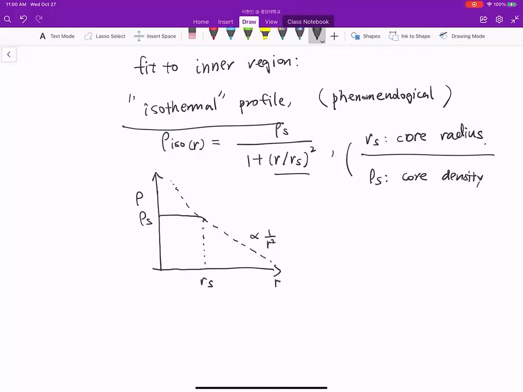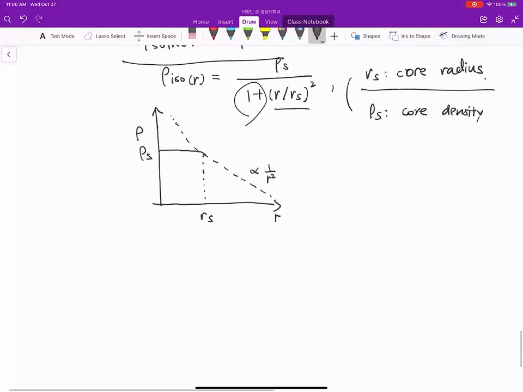Isothermal means you can maintain the temperature as you move along the radial distance, for instance. It is phenomenological due to the fact that there's a 1 in the denominator. If you don't have a 1, it is precisely isothermal. So you have some cutoff in the short distance.